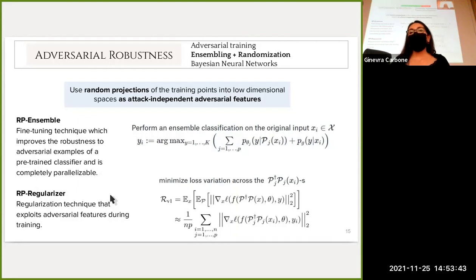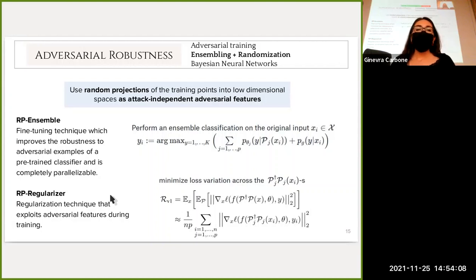Basically, it projects the training data into multiple random subspaces, all different from each other, because the matrices are always sampled randomly. Then we train a classifier in each one of the subspaces, and notice that this procedure is completely parallelizable because all the subspaces are independent from each other.